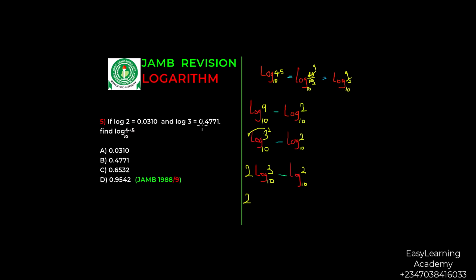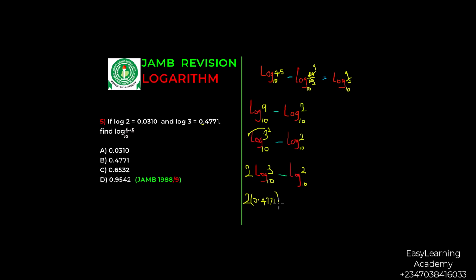We substitute log 3 with 0.4771. Let's have it written out clearly so we don't mix it up.